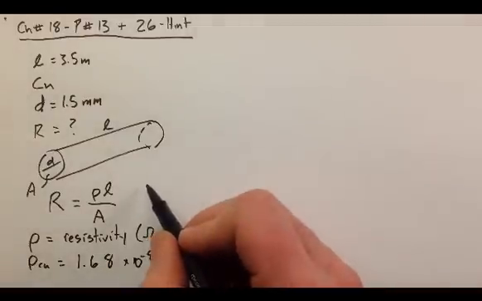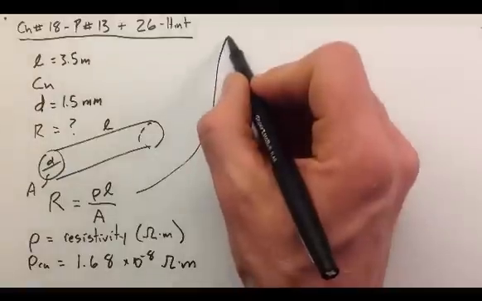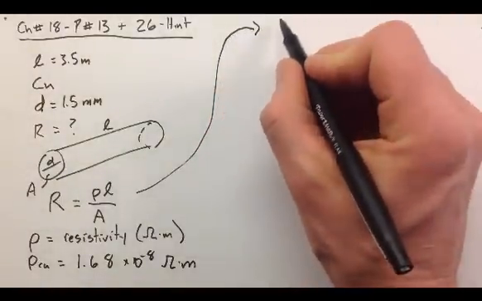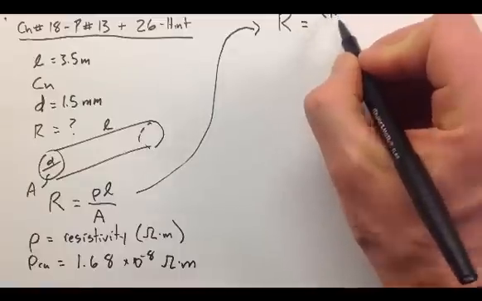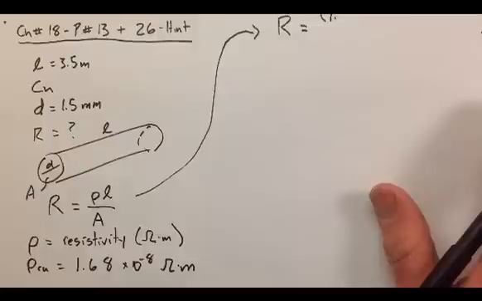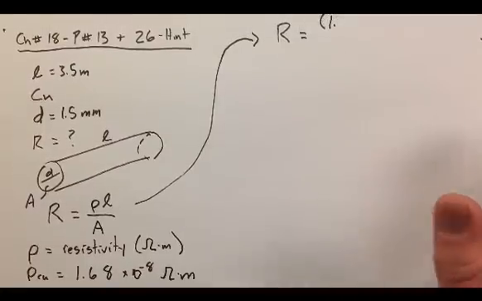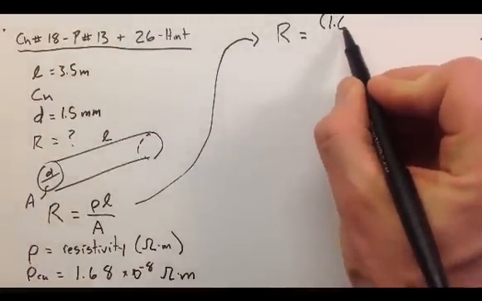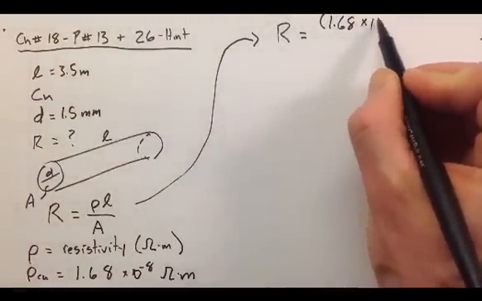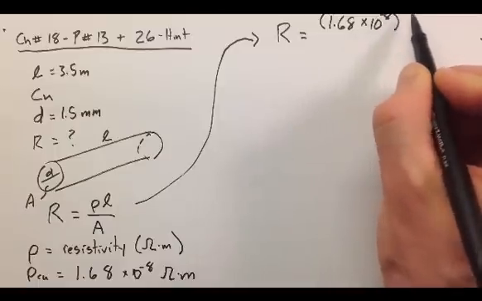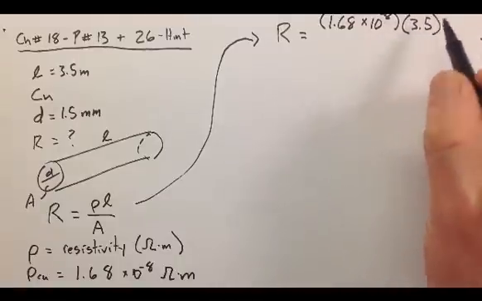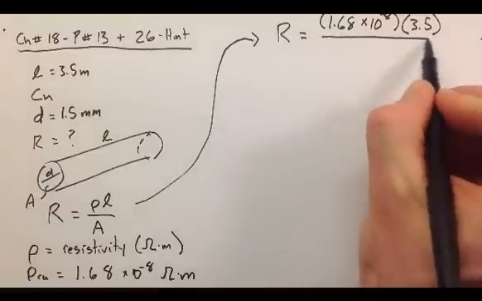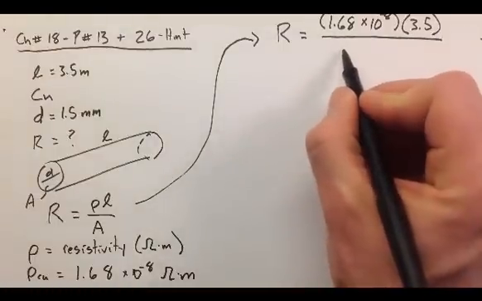So why don't we take that information here and plug it in up over here, and we would get that the resistance of this chunk of wire would be 1.68 times 10 to the minus 8, the resistivity of the copper, times the length of the wire, which would be 3.5 meters, divided by the cross-sectional area.